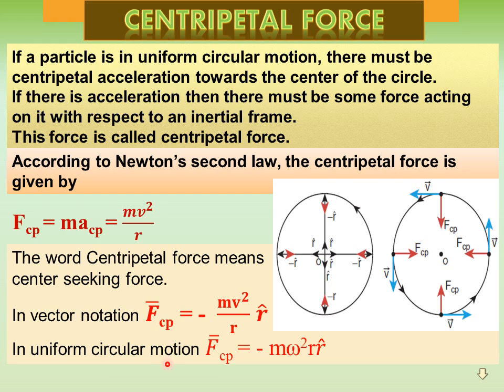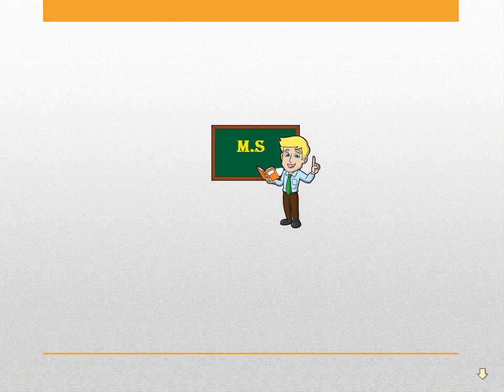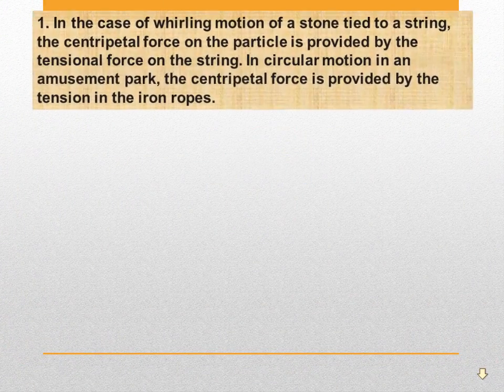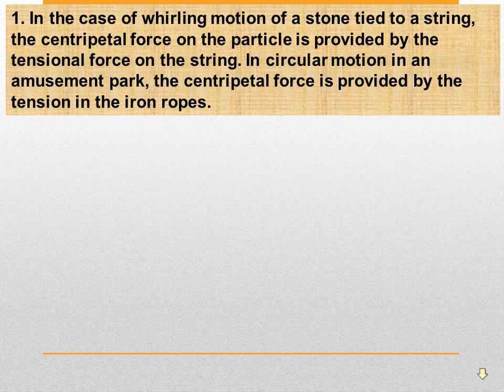In uniform circular motion, F vector cp is equal to minus m omega square r into r cap. See, the centripetal force can also be said as a force towards the center.